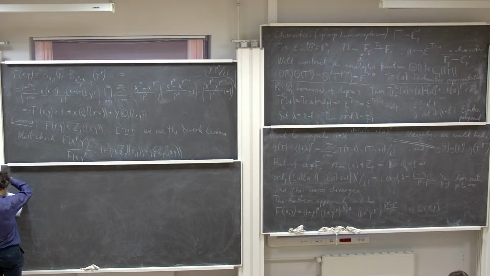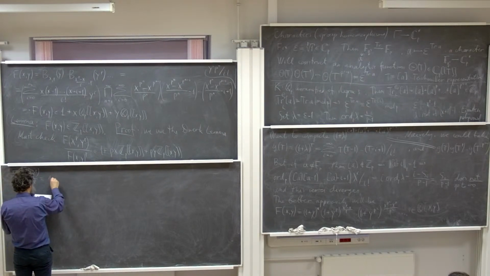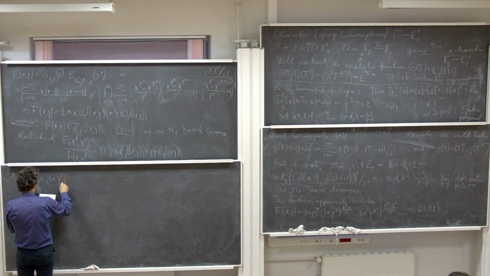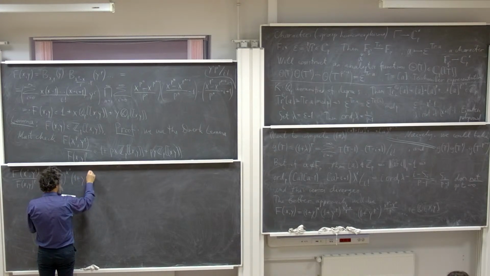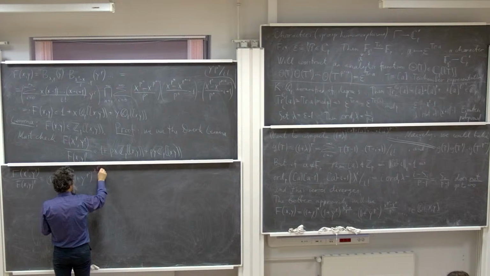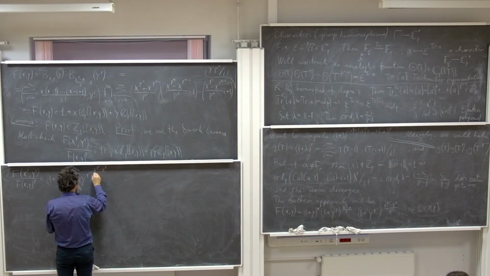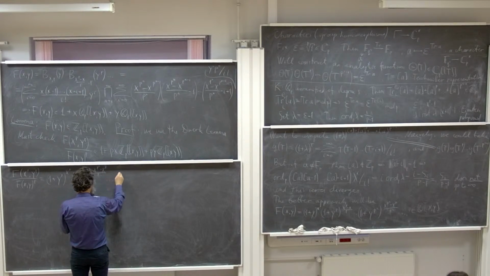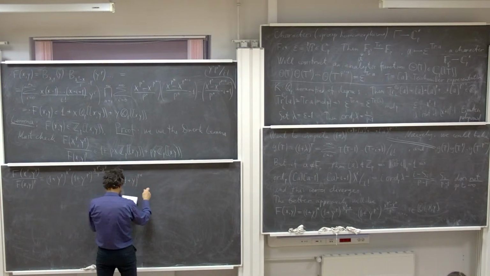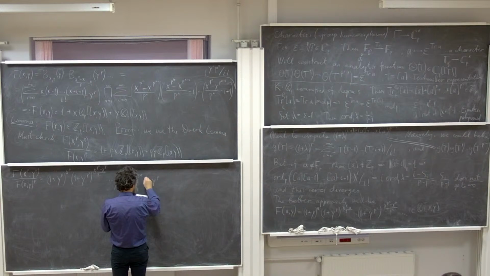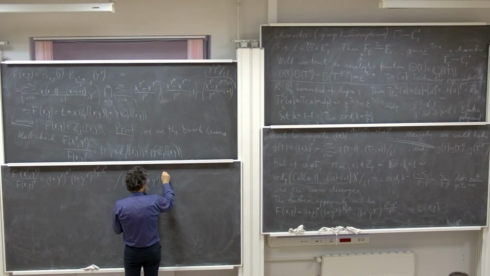So f of x to the p, y to the p over the pth power of f by definition is 1 plus y to the p to the power x to the p, 1 plus y to the p squared to the power x to the p squared minus x to the p over p, and so on, over 1 plus y to the power px, 1 plus y to the p to the power x to the p minus x.